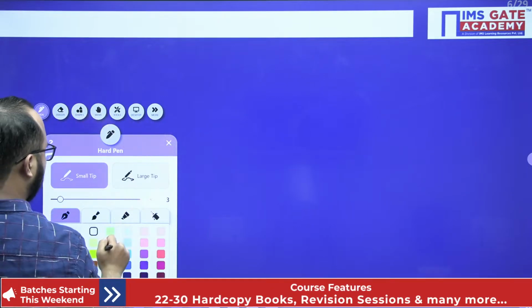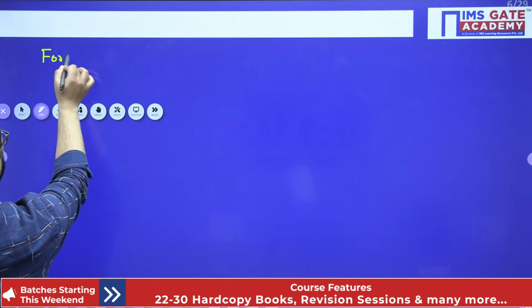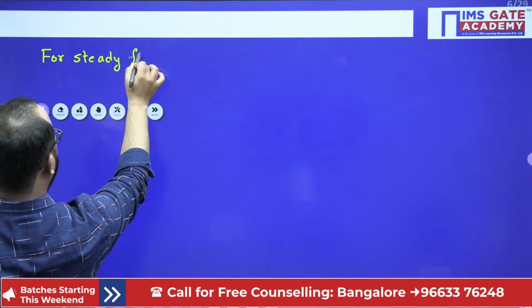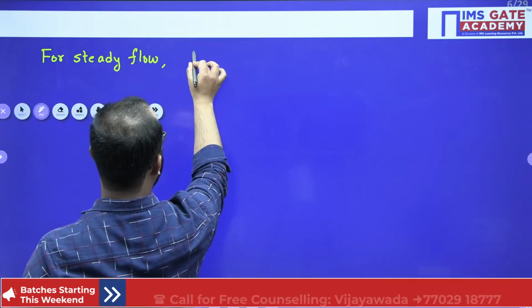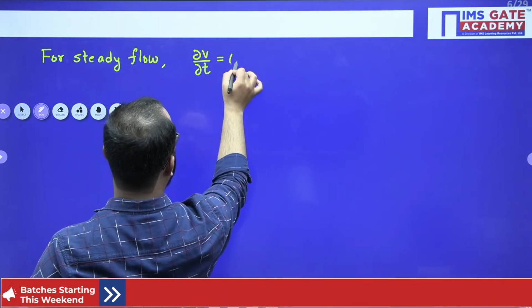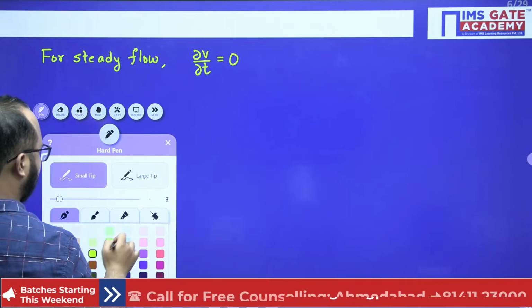For steady flow, ∂v/∂t equals 0. Correct? That we will implement in our equation.